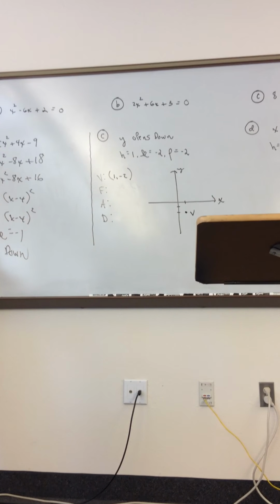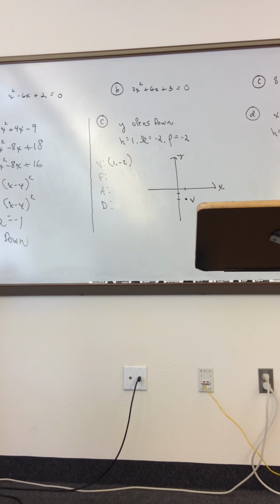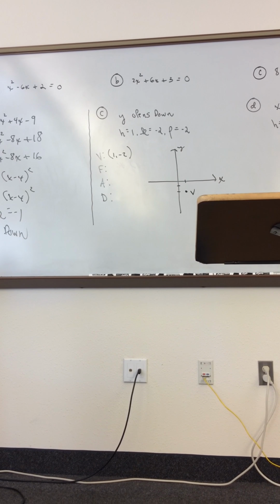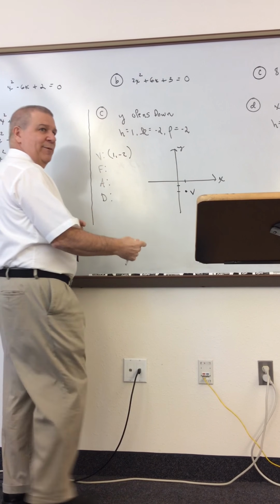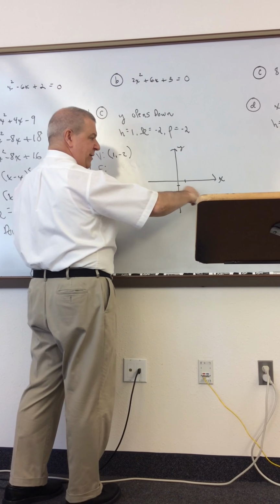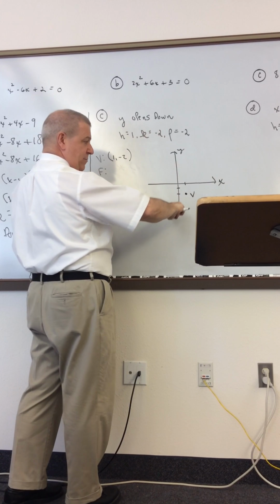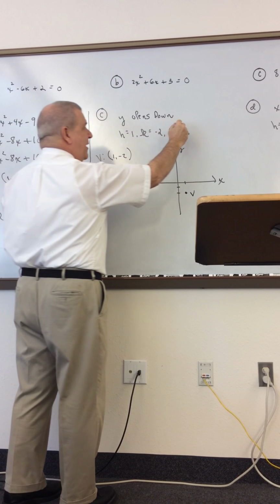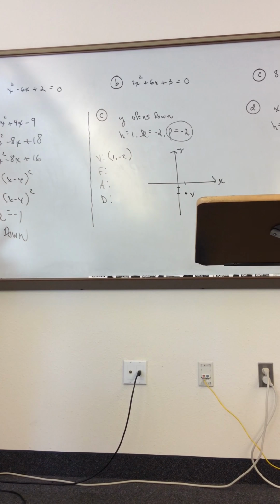Watch what I'm going to do here. You know this is a Y parabola, and it goes down. Now just watch me up here. You all know it's doing this. You don't have to draw this in, but you know it's doing this. Isn't P the distance from the vertex to the focus?